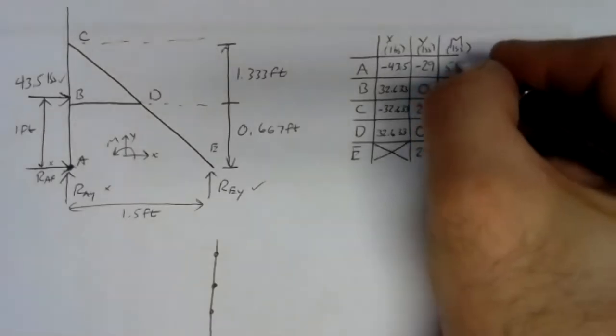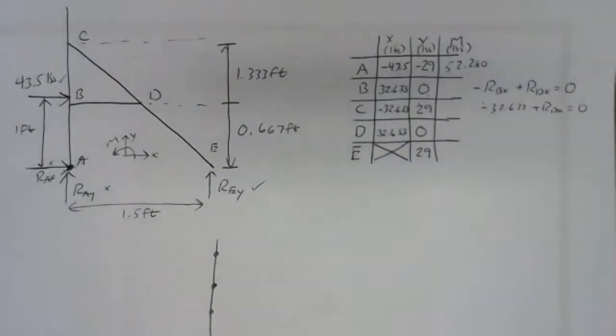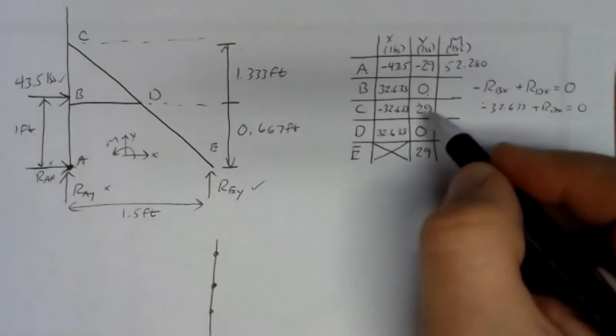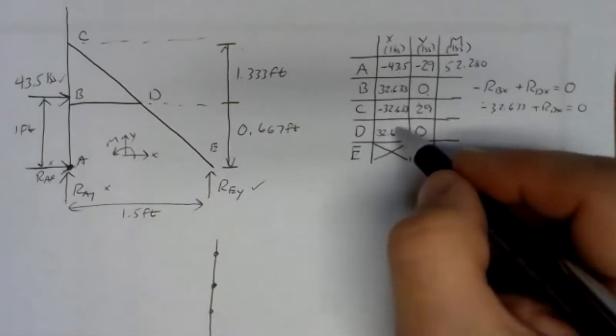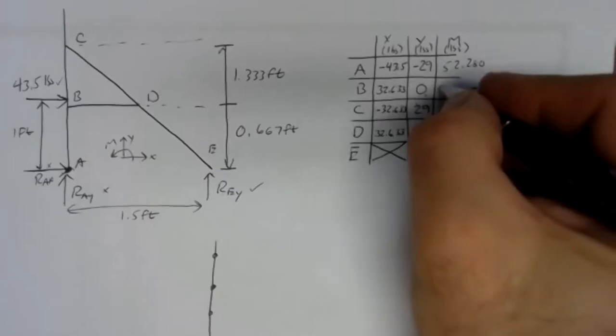Here we get 52.280. If you've only got 0 for one of the values and you've got some number for the other, that is the magnitude. Because when you square this, add nothing to it, and then take the square root, you get back to where you started.